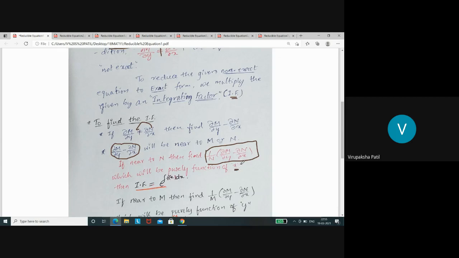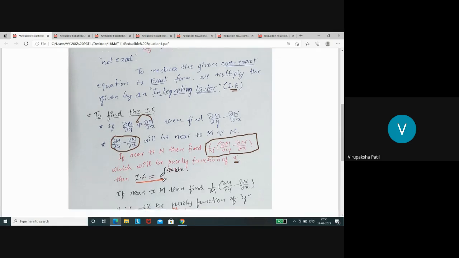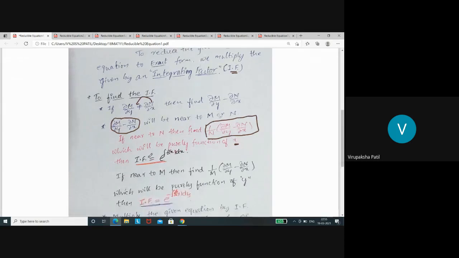We can write it as f(x). Then if it is a function of x, the integrating factor is given by e to the power integral of f(x) dx.